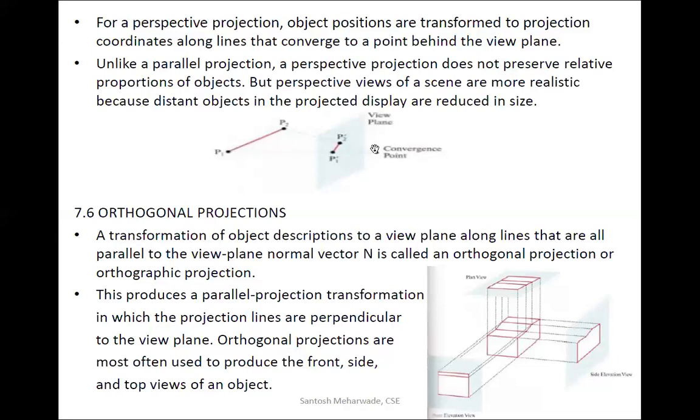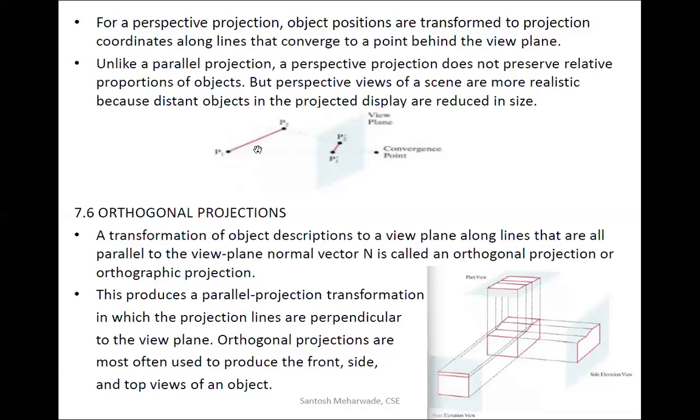This view plane is always between the object and the center of projection. Whenever the object comes very near to the view plane, its image on the view plane is going to increase, because the object is coming very near to the viewer, to the center of projection, so the object looks bigger.